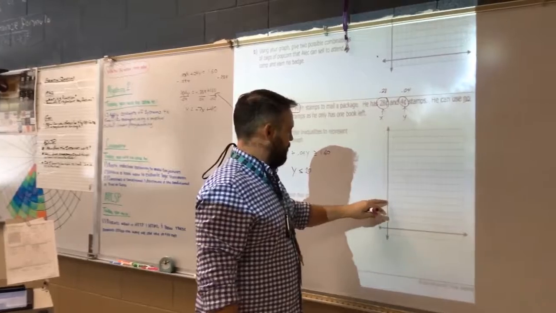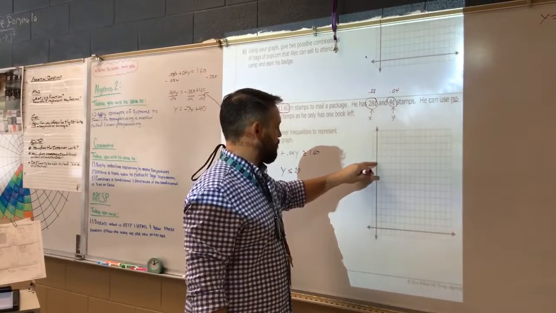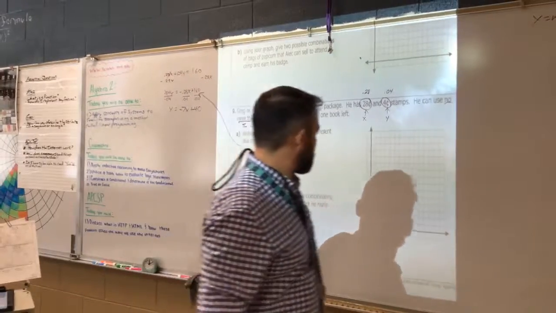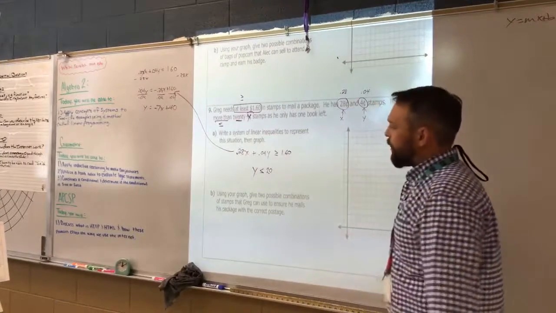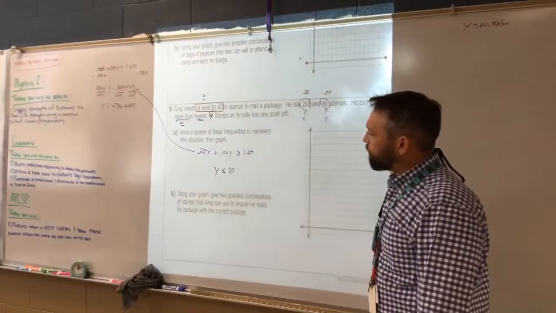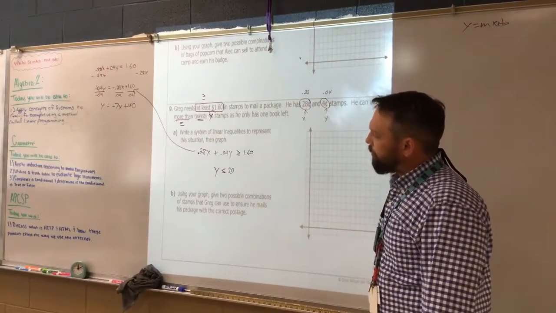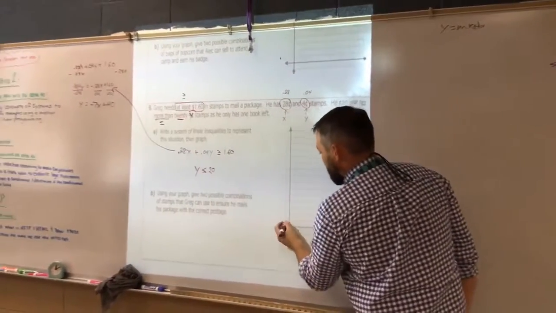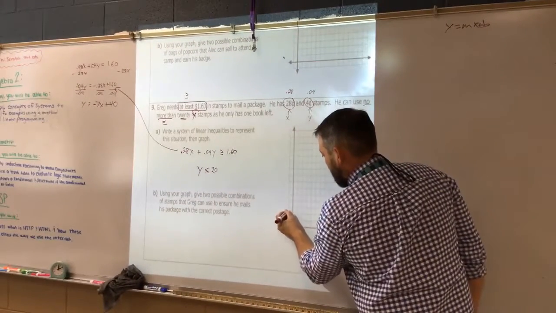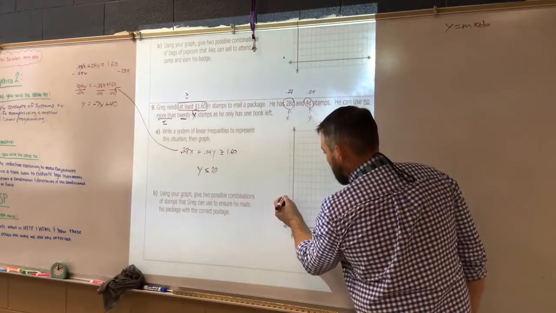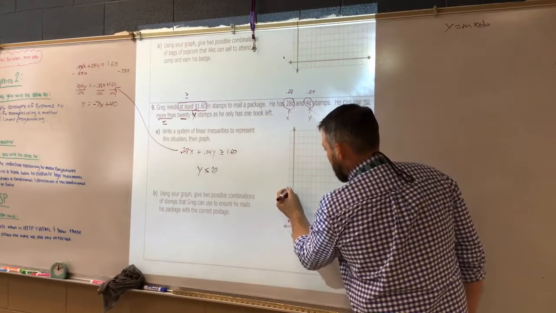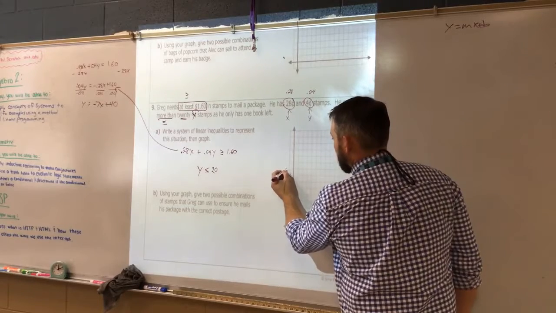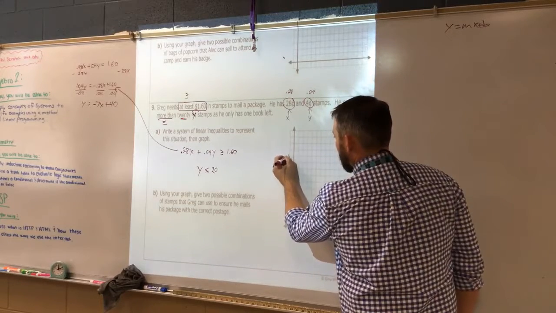Counting by 2s, 2, 4, 6, 8, up to 28, it looks like we're going to need a different scale. Let's do 4s. So 4, 8, 12, 16, 20, 24, 28, 32, 36, 40, 44, 48.